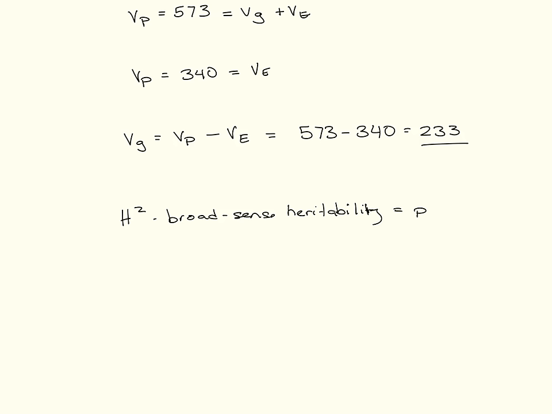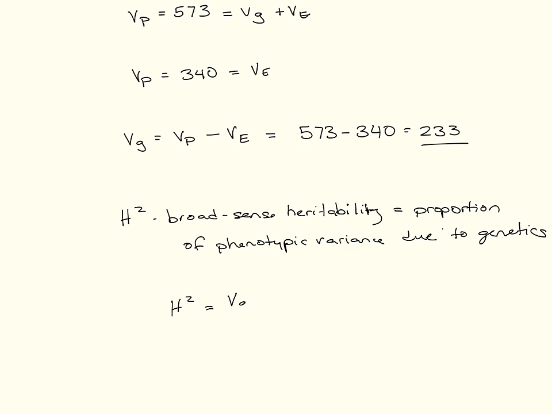And this is the proportion of phenotypic variance due to genetic influence. So we can write this as an equation: H2 equals the genetic variance over the phenotypic variance.